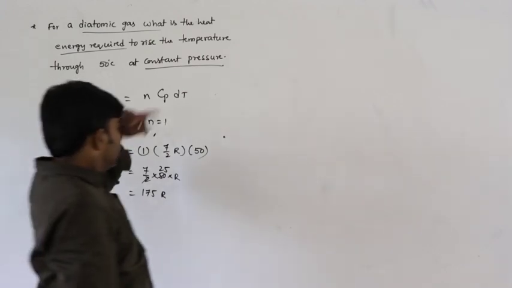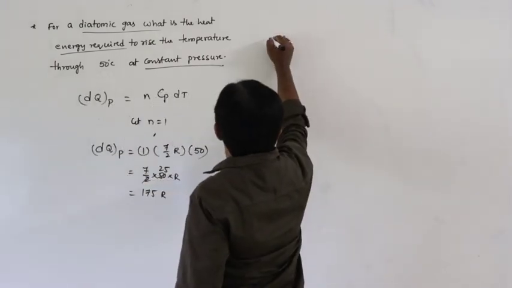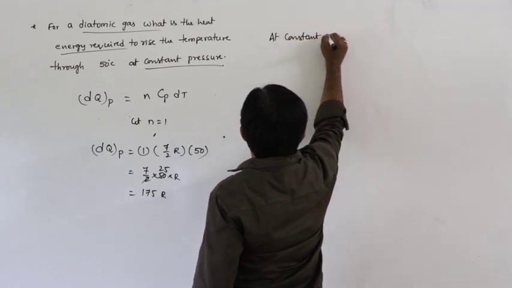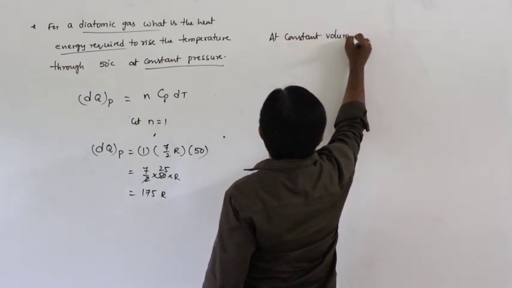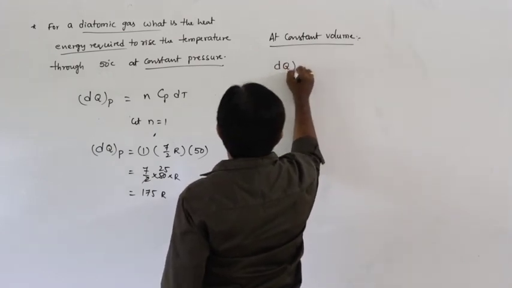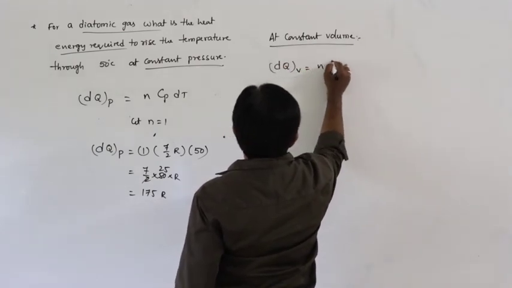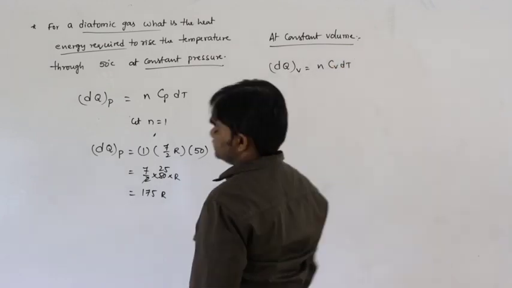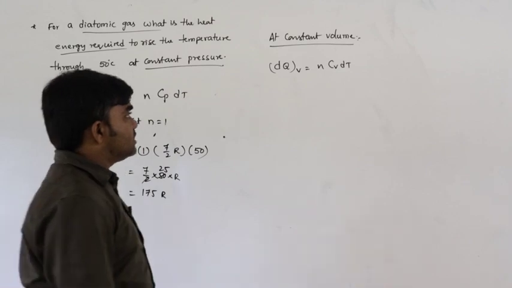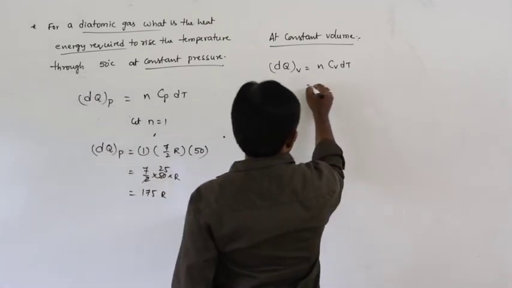Next, in the same situation, it is asked, let us say, at constant volume. Constant volume means dQ at V, so we can write it as nCv dT. So n is, let us say, 1.